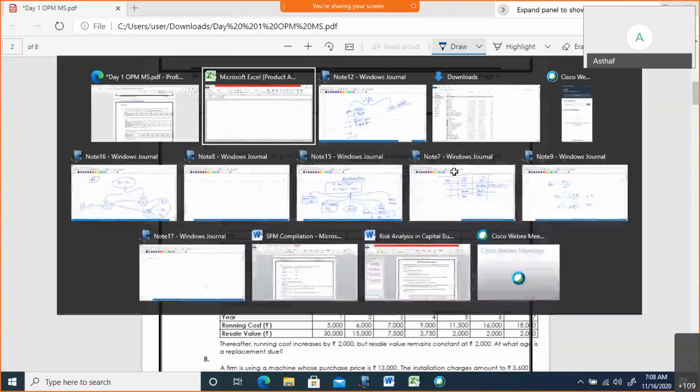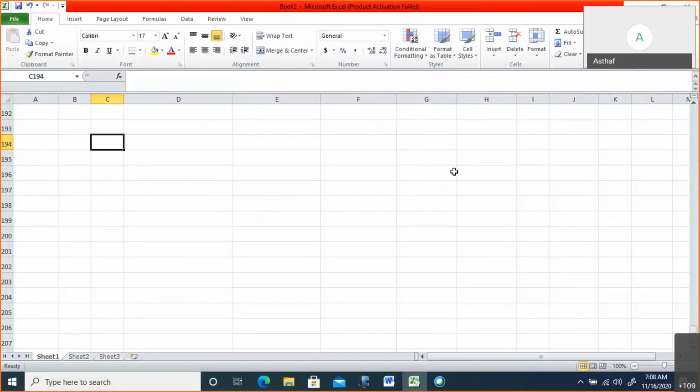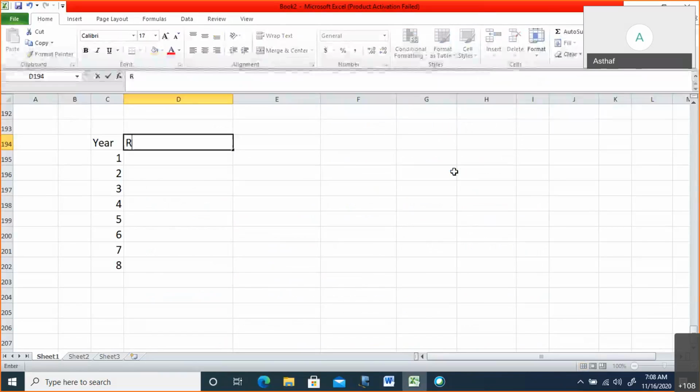So, as we all know, first for any replacement we have to give the years. What all the years we have to give? Up to 8 years. What is the cost we have? Running cost. So first thing we have to write this.